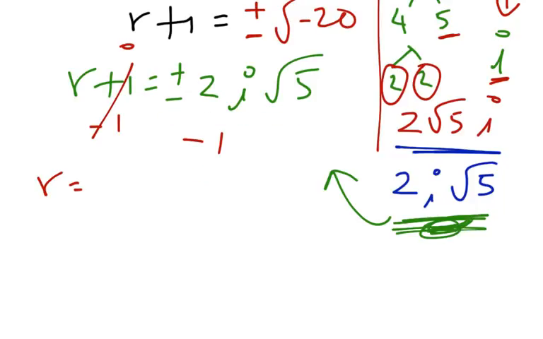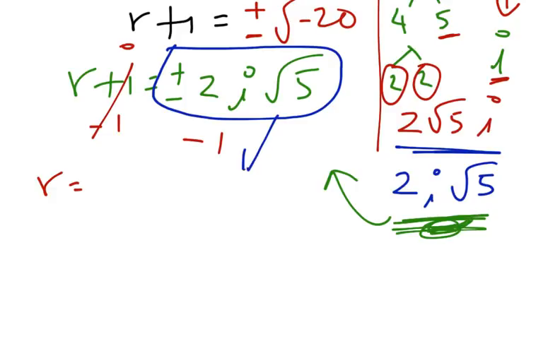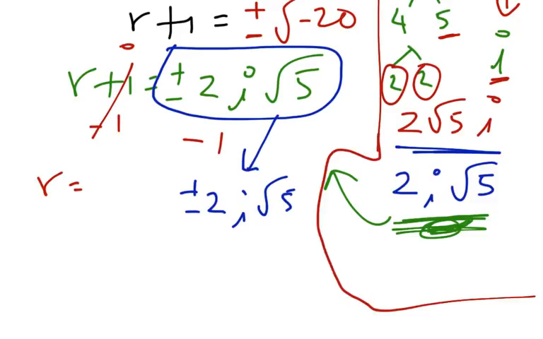So what you're going to do is, whatever has the plus or minus, normally I write it at the end: plus or minus 2i square root of 5. Let me black over here so we know that. Sorry about that.